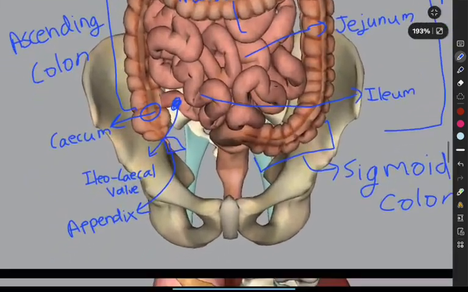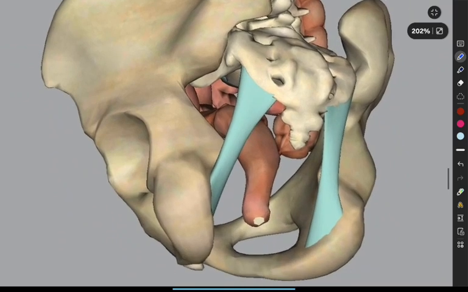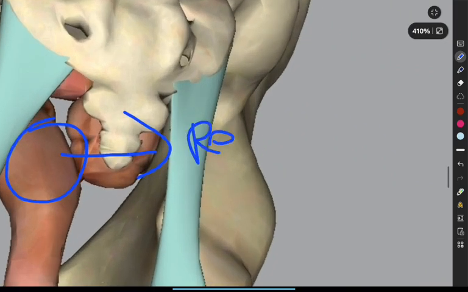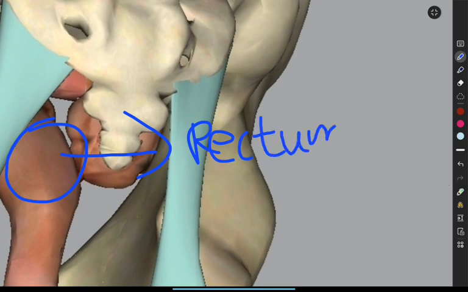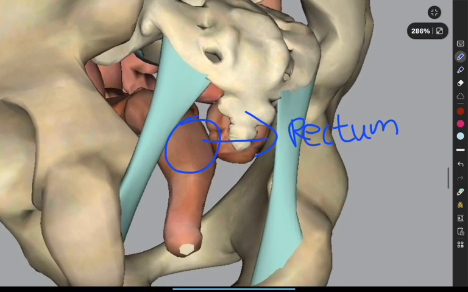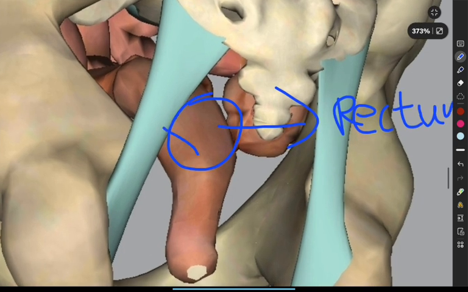Okay, now after passing through the colon, the fecal matter gets stored in the rectum. Now again, the rectum also has two sphincters. This is the first one and this is the second one.